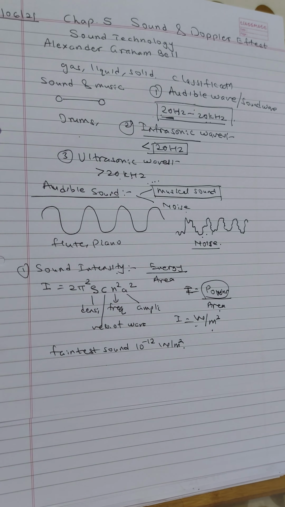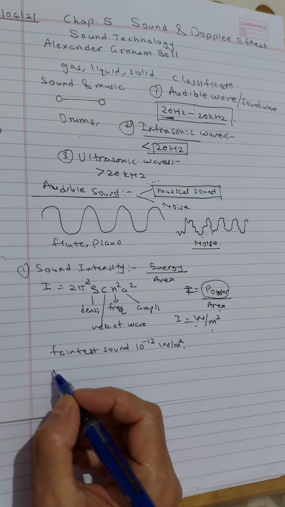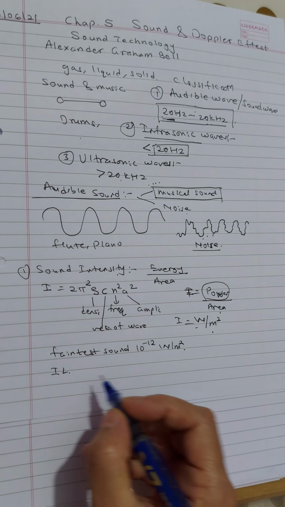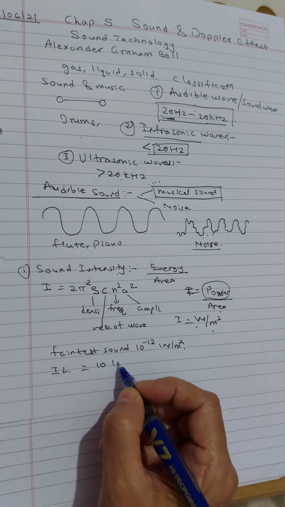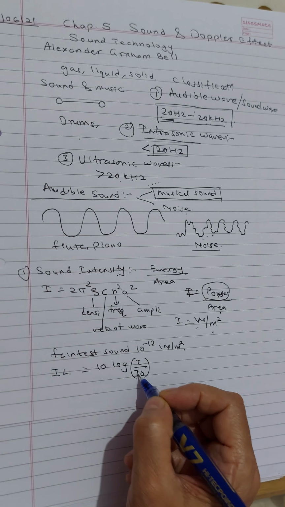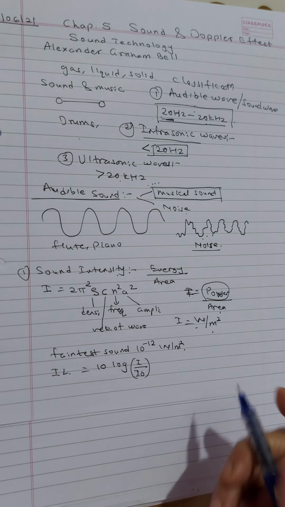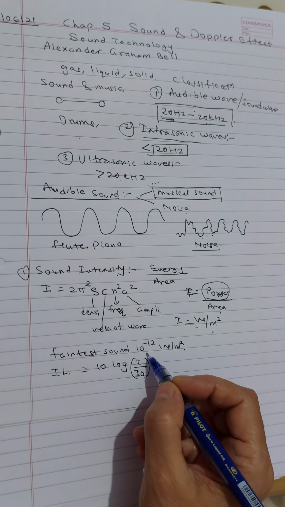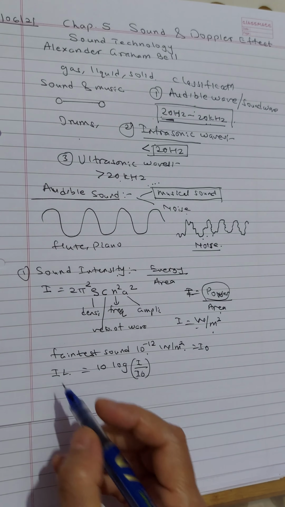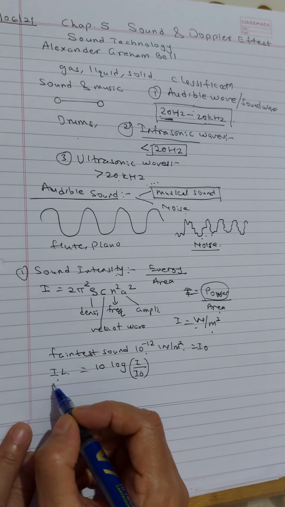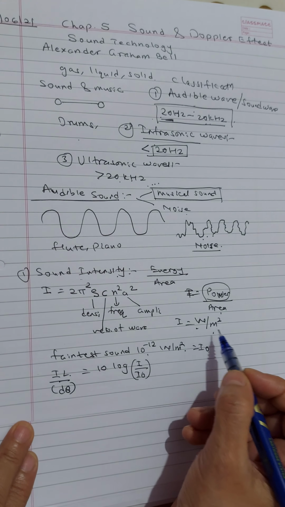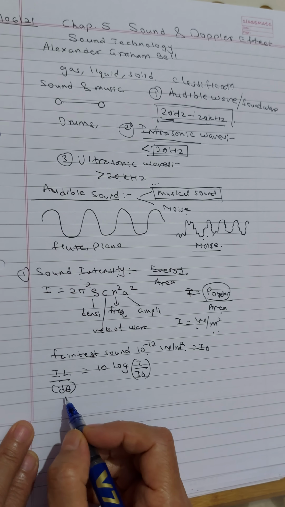The intensity level formula is given by 10 log of I by I0. This value 10^-12 is also called I0. The unit of intensity level is dB, whereas intensity is in watts per meter square.